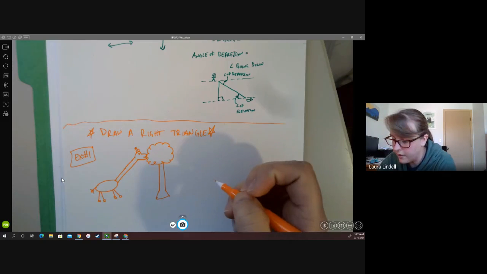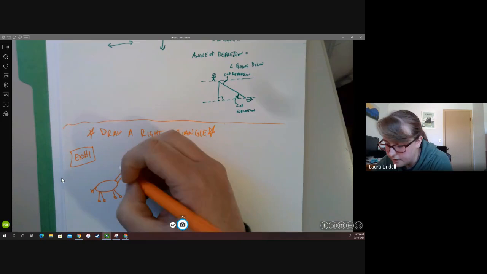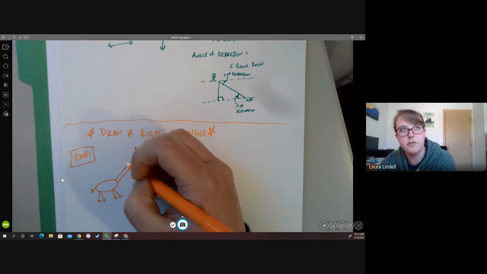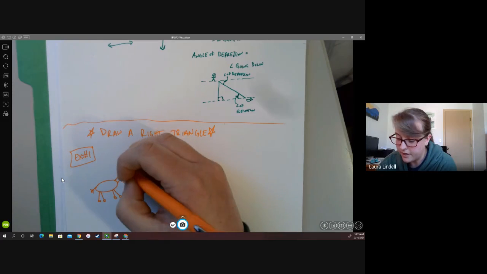We are going to say that the giraffe's neck is, how long are giraffe necks? I don't know. We're going to make something up. This giraffe's neck is 8 feet long.